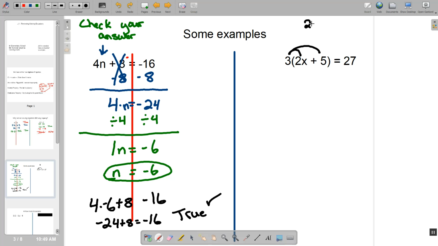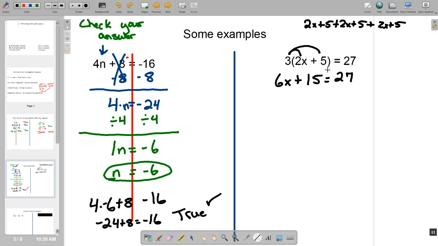So what you're really doing is 2x plus 5 plus 2x plus 5 plus 2x plus 5. But nobody wants to write it that way. So instead, they will do 3 times 2x, which is 6x, and 3 times 5, which is 15. And set that equal to 27. If we look up here, we would get the same thing, 6x plus 15.